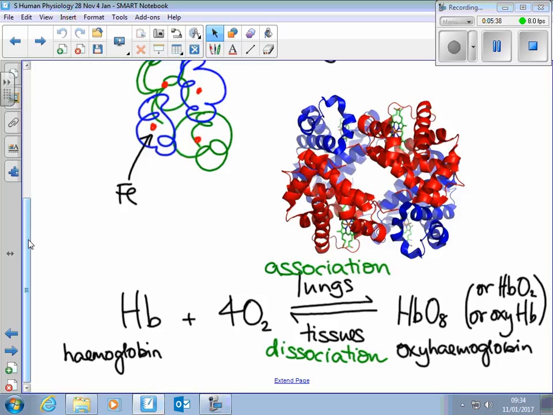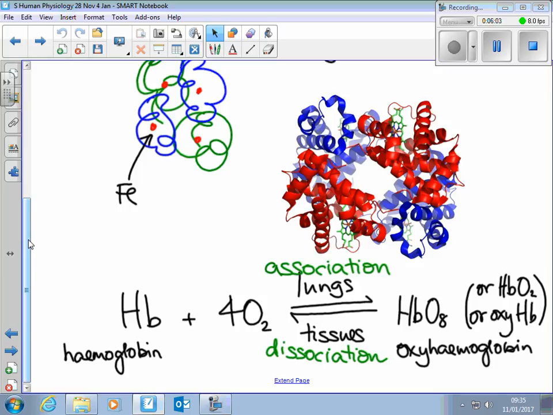We can represent oxyhemoglobin as HbO8 because of the 8 atoms in there, but you will see it written HbO2 or just oxy-Hb. And then, of course, in the tissues that are respiring and needing that oxygen to be released, the oxyhemoglobin can dissociate in the tissues and release this oxygen, to release the hemoglobin to go and pick up some more.